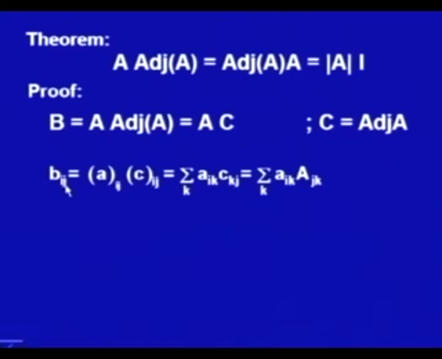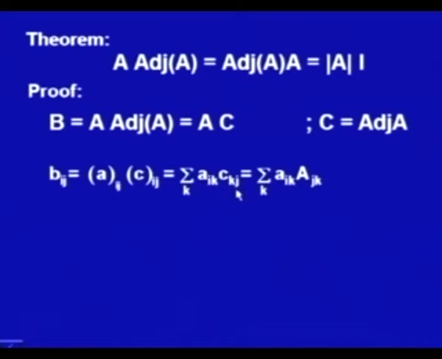So, Bij, a typical element of this matrix B, is Aij multiplied by Cij. This is equal to summation over k Aik Ckj. Now, this is from the definition of product of matrices.